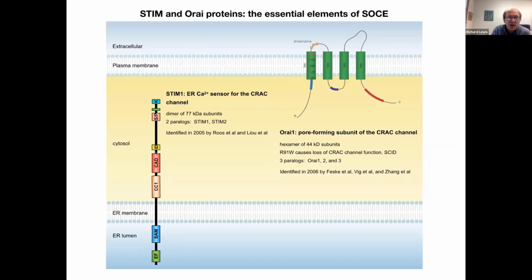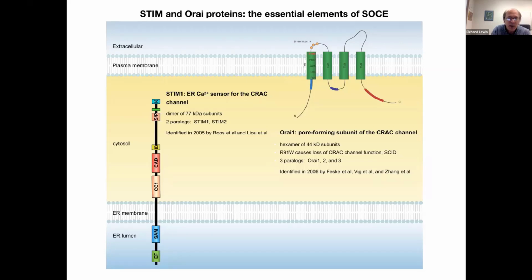There are two paralogs, STIM1 and STIM2, that differ in their calcium affinity. STIM1 is the main isoform involved in activating CRAC channels, particularly in human T cells. STIM2 has a lower calcium affinity, so it stays partially active even at resting levels of calcium in the ER, and is thought to respond more to small fluctuations of calcium around the mean.